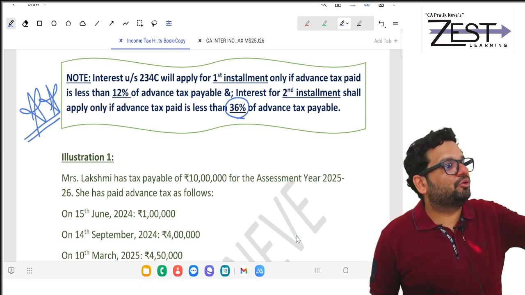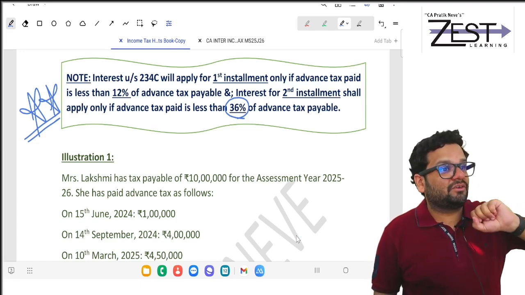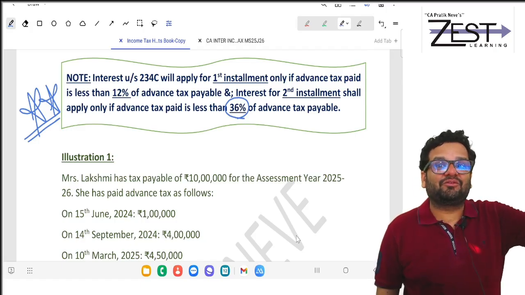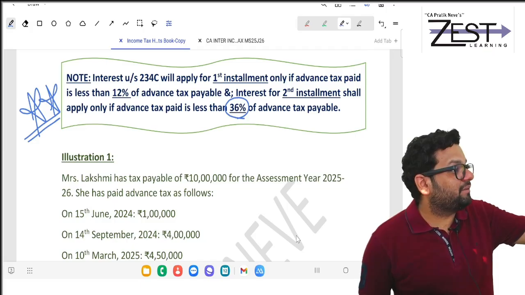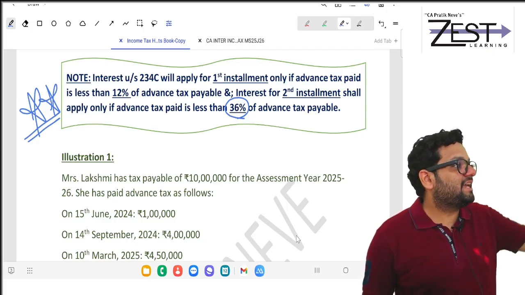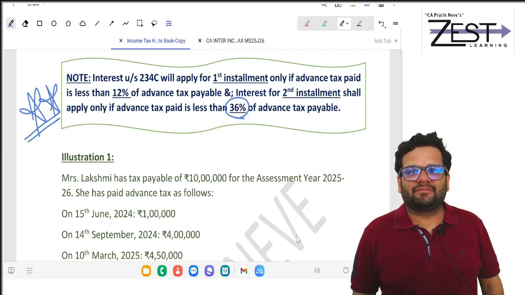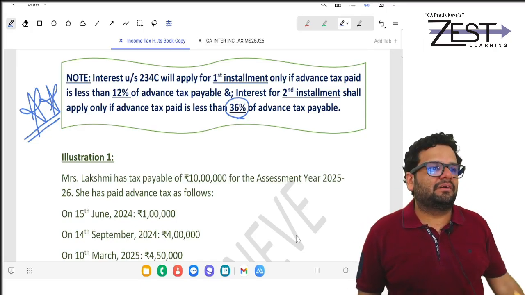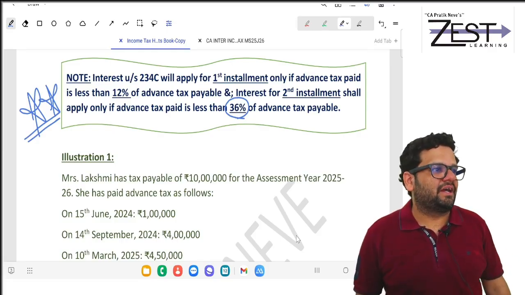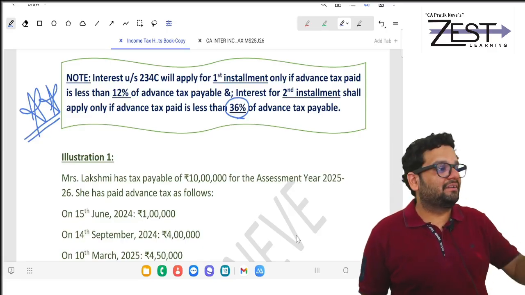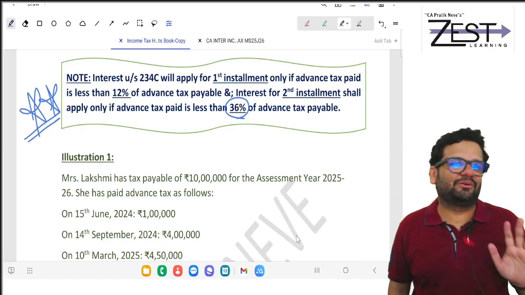You'll have to remember both, because when the shortfall is calculated, it will be calculated considering that you should have paid 15% and 45%. I'll show you now. And third installment 75, and you should check 75 only. And last installment 100, you should check 100 only.